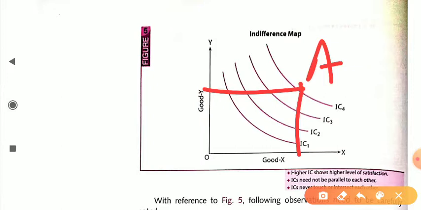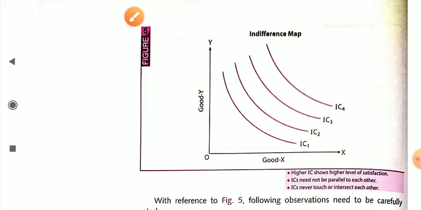This always gives you more satisfaction compared to point B, which is on IC1, because the higher the indifference curve, the higher the level of satisfaction. So always keep in mind that in the indifference curve case, the higher the level of IC, the higher the level of satisfaction.